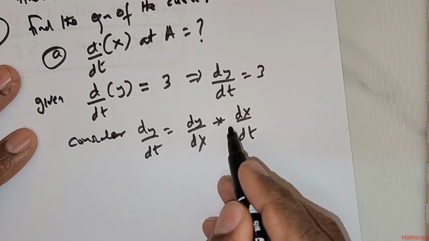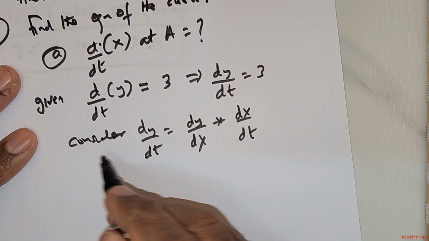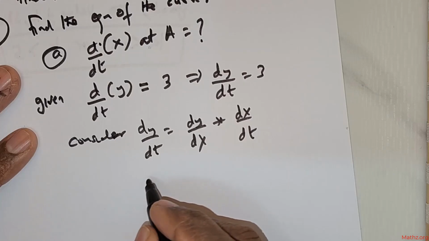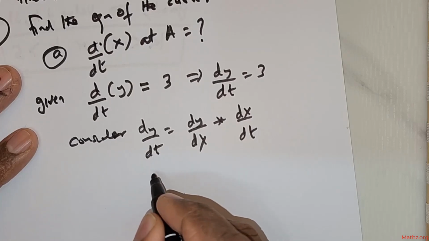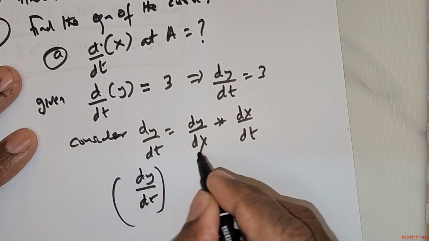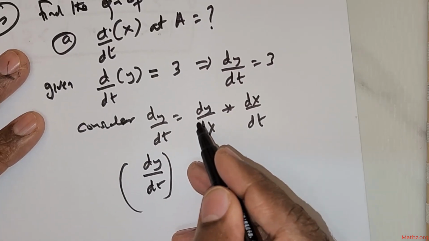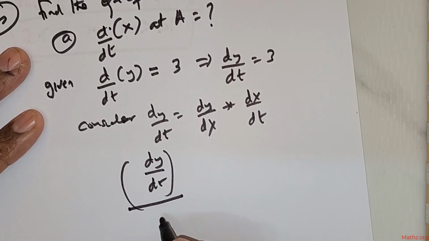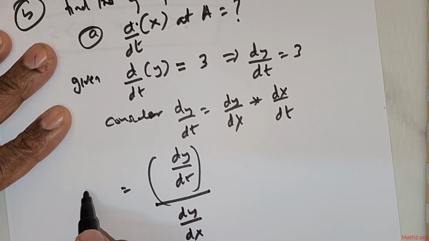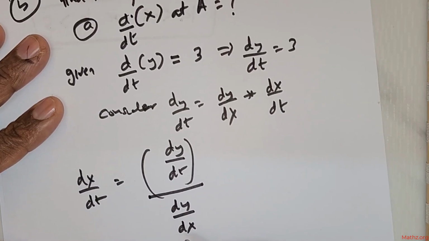Now I would like to have dx over dt and move this dy over dx to the other end. I'm just cross multiplying. So if you push this down, you will have dy over dt divided by dy over dx, and that equals dx over dt. This is what is required.